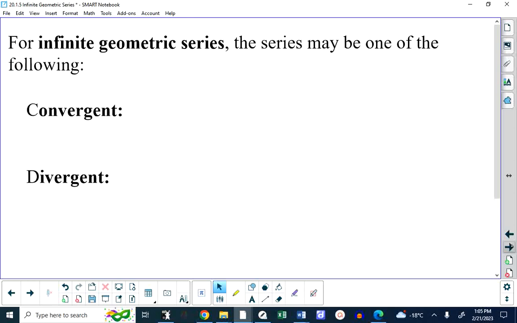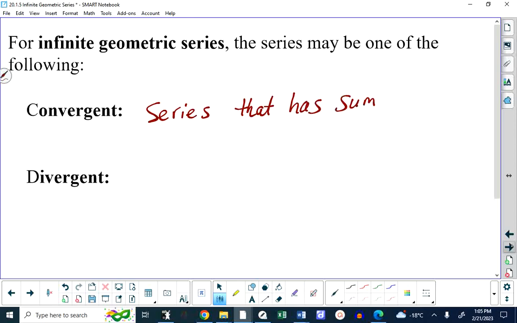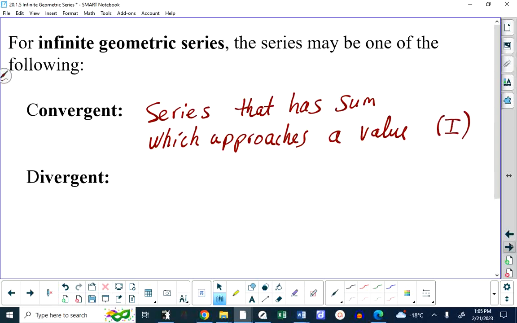And a convergent series, if it's geometric, is a series that has a sum which approaches a value. That's an example that's illustrated best with series 1. That sum was approaching 4.